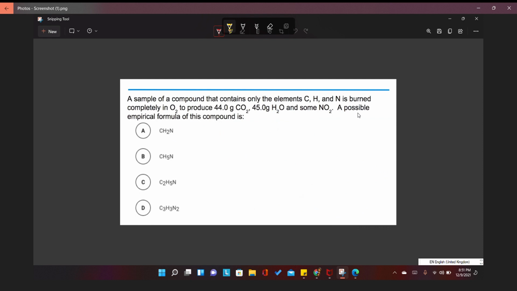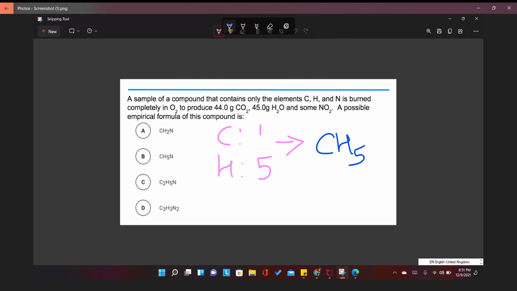Now, let's move to the last part of the question. It says a possible empirical formula of this compound. So we have C and H. We have 1 and 5. So the empirical formula would be CH5.